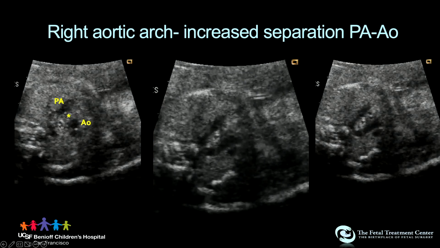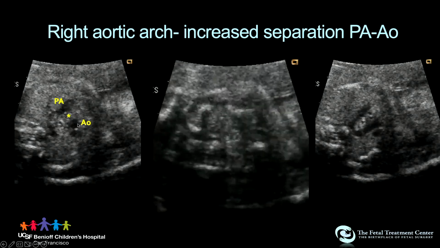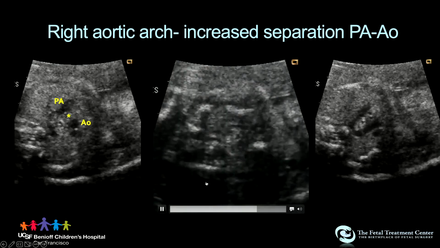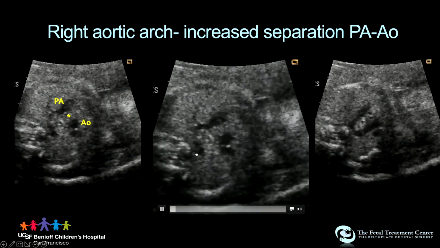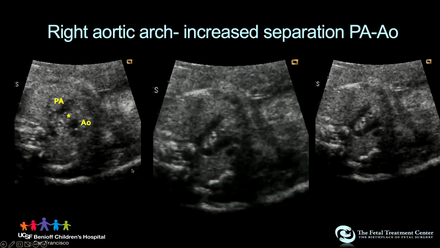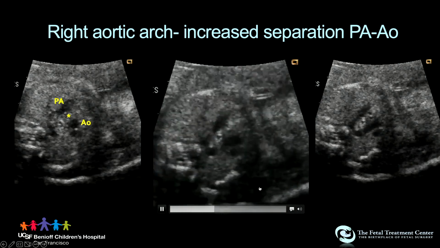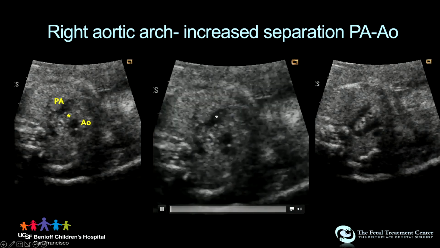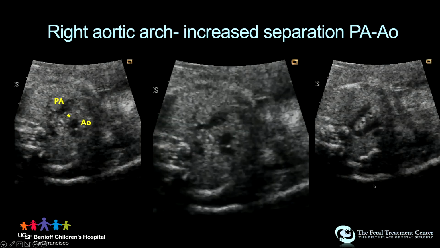There is an increased separation between your pulmonary artery and your aorta, so that's the first clue. And then if you let this clip play, you can see this U shape that's being formed instead of that nice V shape to the left of the trachea. So here's left, here's right, and then here's that U shape of the ductal arch coming over and joining with the aortic arch. There.